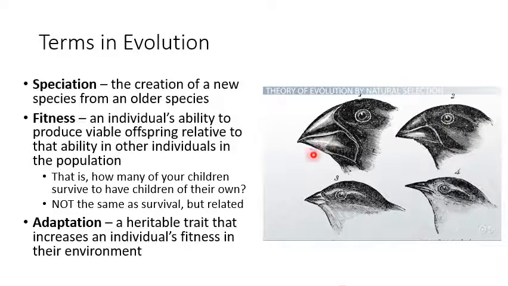So every island ended up having its own species of finch, because everywhere these finches showed up, they adapted to their environment through natural selection, and they speciated to form new species with traits individually suited to the conditions on their particular island.